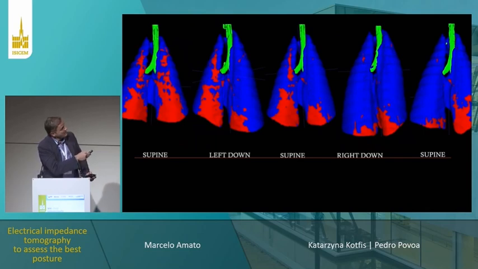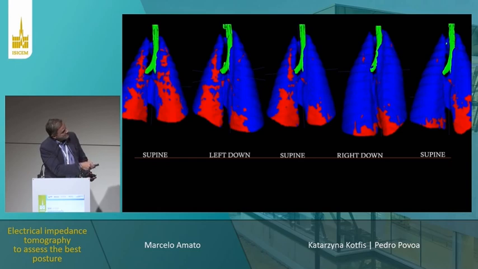So in red you have atelectasis, blue is normal lung. You see, we have here lateral position. You can easily detect that this lung was up because now it got stretched. And then you have an immediate decrease in this atelectatic tissue. Then supine again.